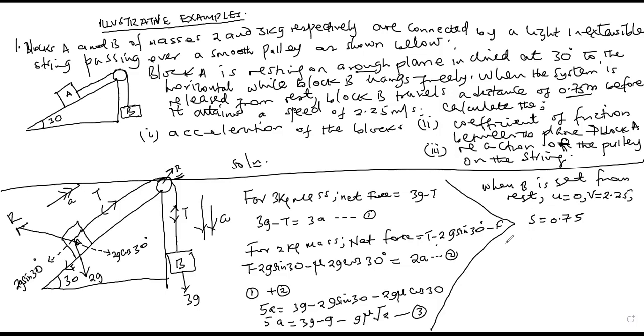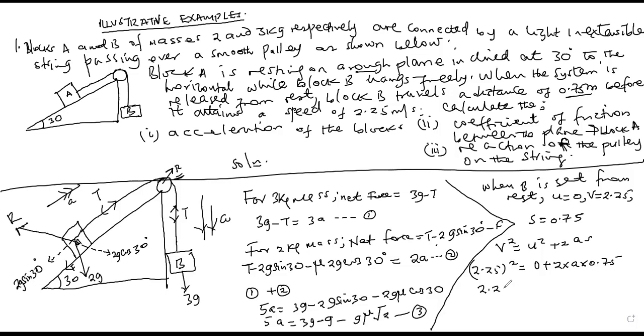So applying this in v squared equals u squared plus 2as, it would imply that 2.25 squared is equal to u squared, which is 0, plus 2 times a times s, which is 0.75.